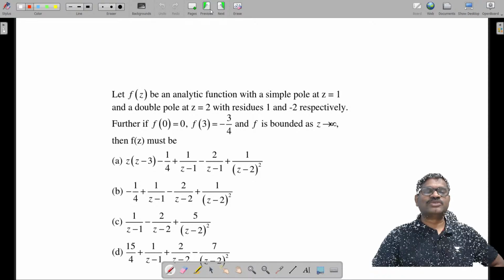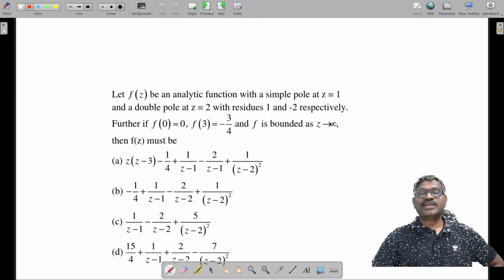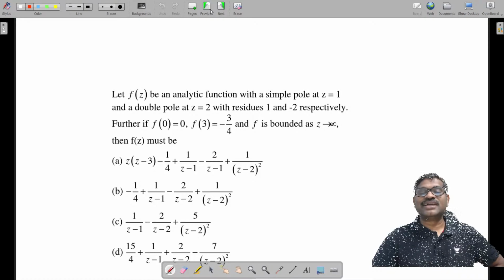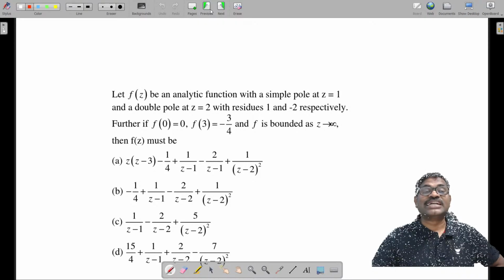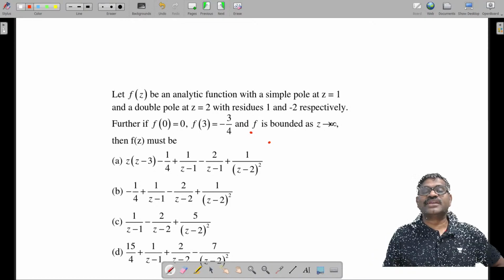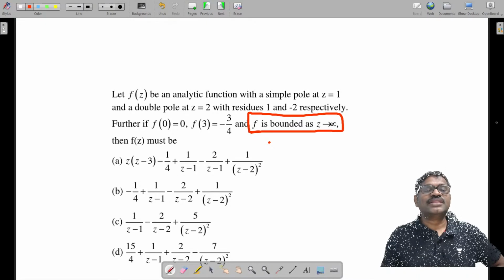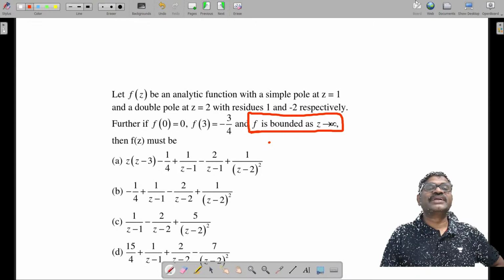At z equal to 1 you have a simple pole, at z equal to 2 you have a double pole, and the residues are 1 and minus 2 respectively. f of 0 equal to 0, f of 3 equal to minus 3 by 4, and f is bounded as z tends to infinity. Sir, f is bounded as z tends to infinity. f is bounded as z tends to infinity means there is no positive power of z.